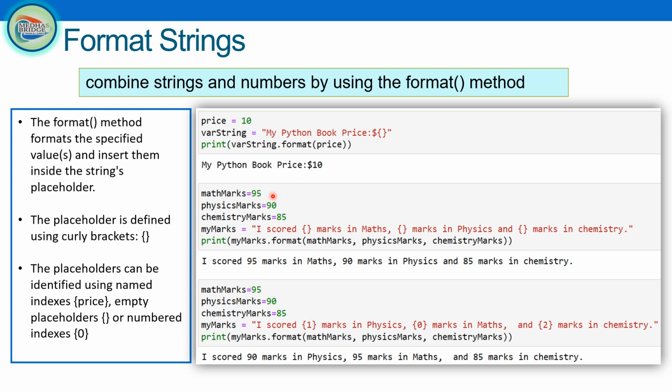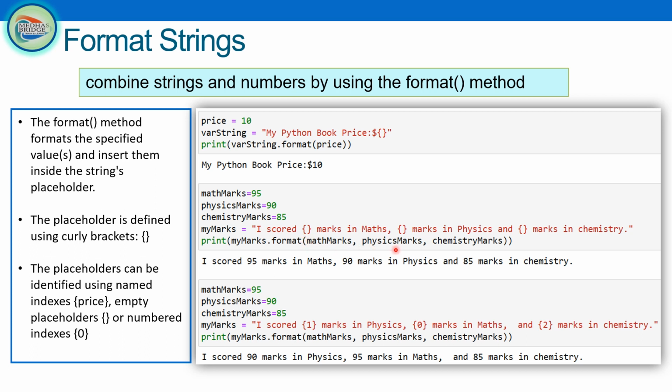Next, we have another example. Here we have three variables: math marks, physics marks, chemistry marks, and we have a string. After formatting, the value of math marks, which is 95, will be inserted into the first curly braces.